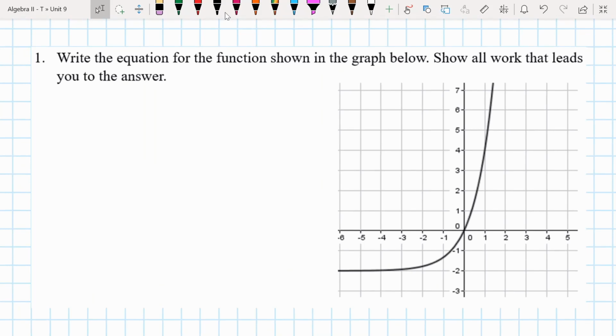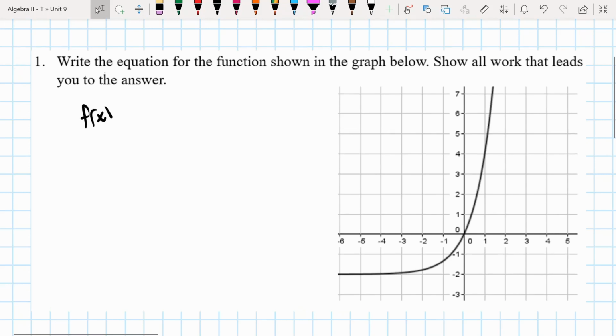So here is the general form that we've been using. And if you remember this from Unit 6, we kept this simple by assuming there was no horizontal shift. And so we're going to keep with that. For this question, we're going to assume that there's no horizontal shift, meaning that the h value would be 0. The first thing we want to do is determine the horizontal asymptote.